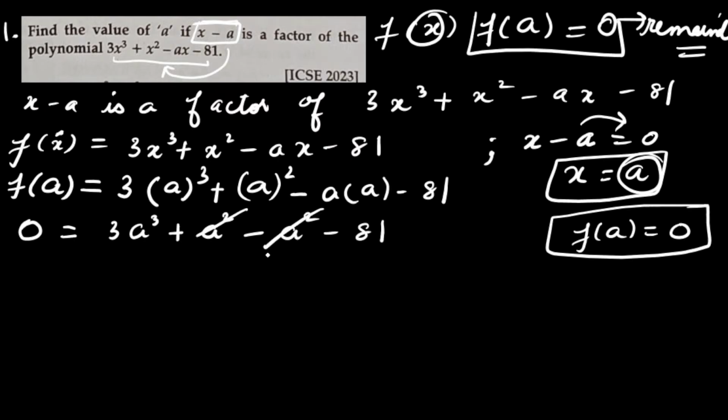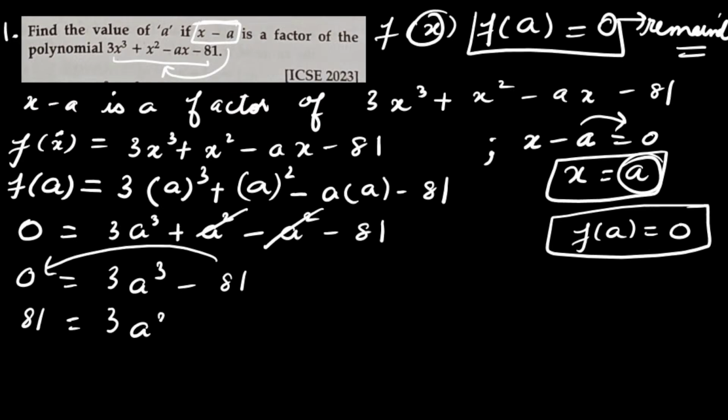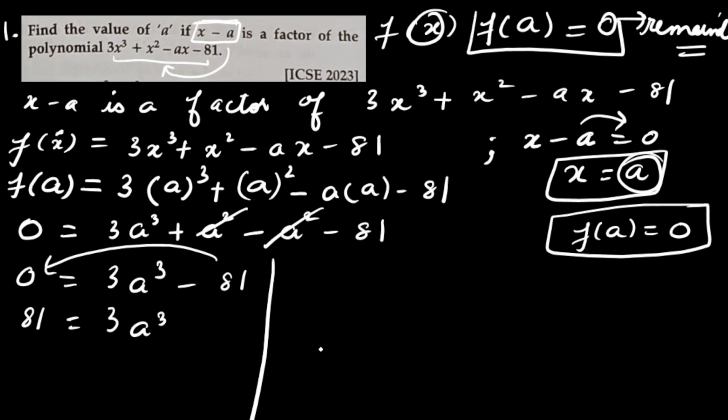The plus a square and minus a square get cancelled. So 0 is equal to 3a cube minus 81. I'm just left with this. Let's shift 81 to the other side, and it will become positive 81. So 81 is equal to 3a cube, which we can write as 3a cube is equal to 81. I haven't done anything, just the way of writing I have changed.